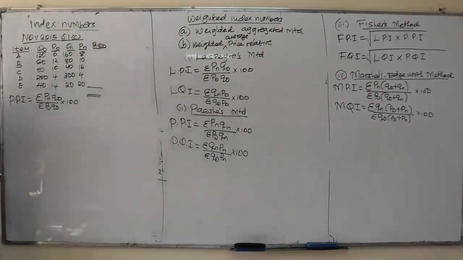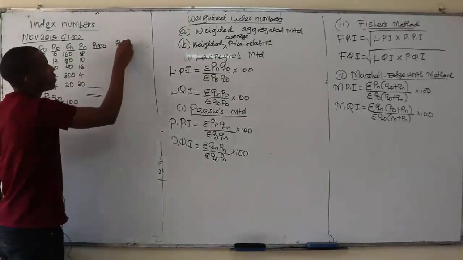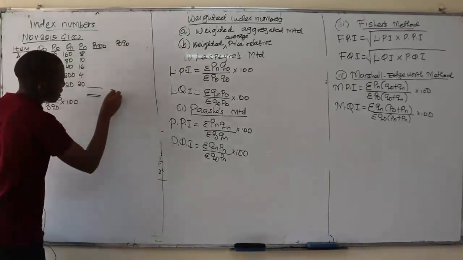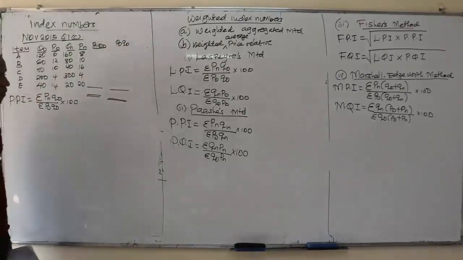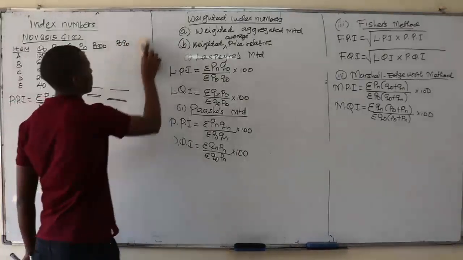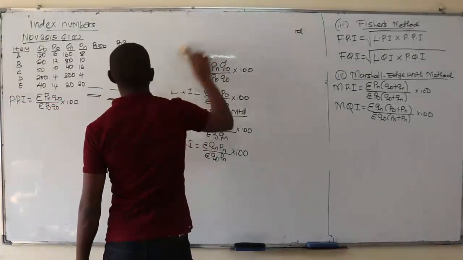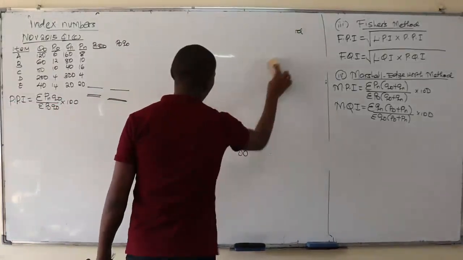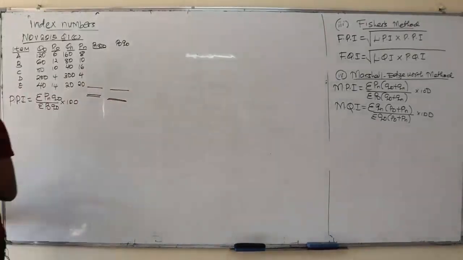Then we also require P0Q0 to get its summation. That is how the first one is done. So we will get that there.